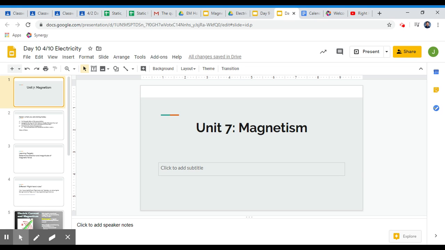All right, ladies and gentlemen, we are going to be talking about a couple different types of right hand rules today.